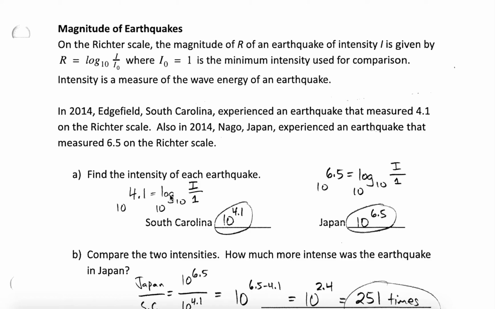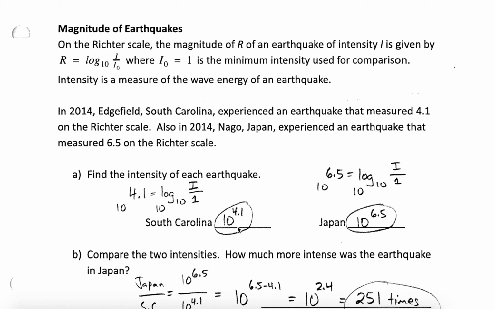So in order to undo log base 10, we're going to exponentiate. Put 10 as the base and raise everything into the exponential position. That's going to cancel our log on the right, leaving us with I. And so the intensity of the earthquake in South Carolina is going to be 10 to the 4.1. You could find that value if you wanted.